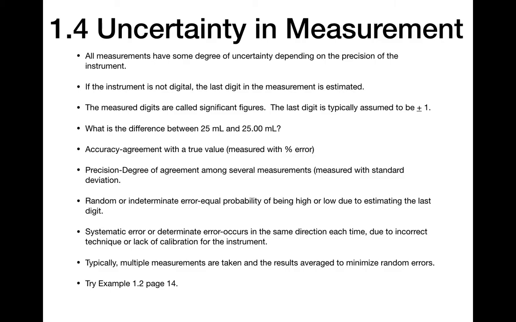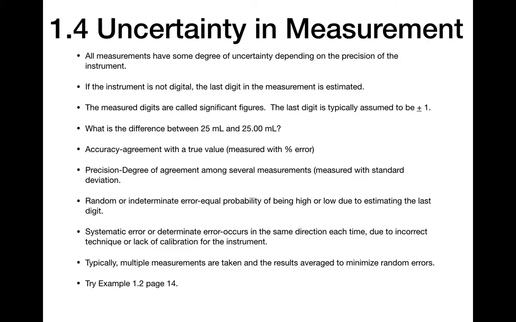Systematic error or determinate error is when your error is always in the same direction. If you're doing a measurement, but you are always getting the answer to be 1 gram too high on the mass, that could be simply the calibration of the instrument. So if you have an incorrect technique, you're not looking at it at eye level, or you're not using the instrument properly, you're allowing air bubbles in it or something, that can create a systematic error so that your volume or your mass is always too high or too low.